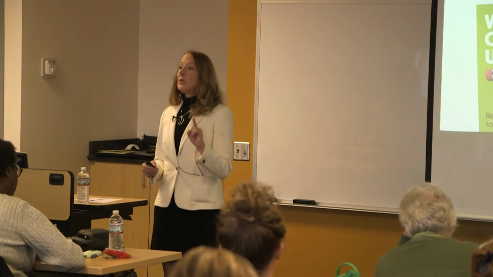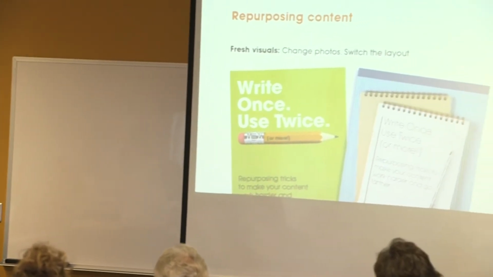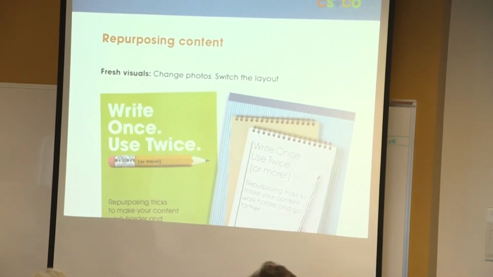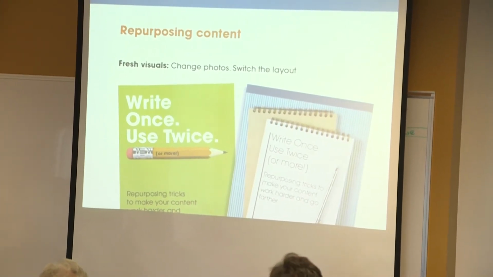But we can also use our visuals. Leave the words completely alone. Now we've got the exact same words we had originally, and we're just going to start to change how they look. So we're using different photos and different layout.